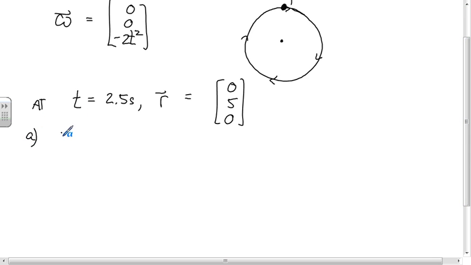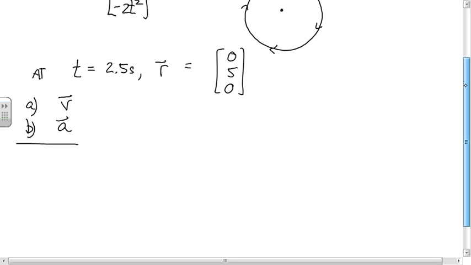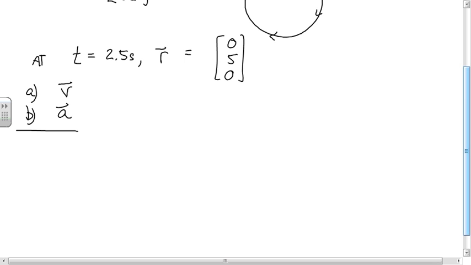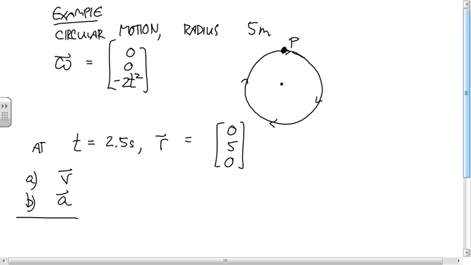The question is, first, what's the velocity vector of that particle? Second, what's the acceleration vector? Okay, and that's all. To calculate the angular acceleration vector, we're just going to take the time derivative of this.